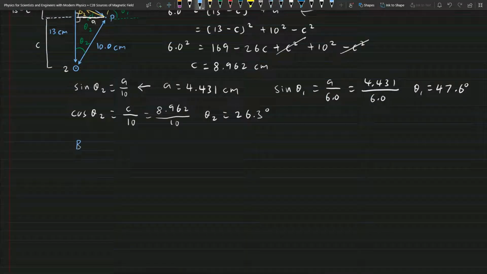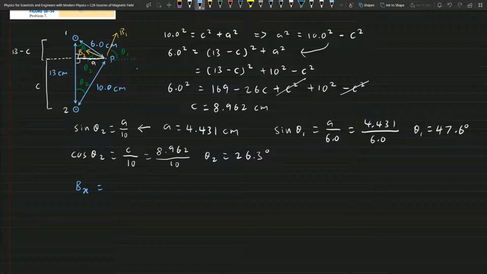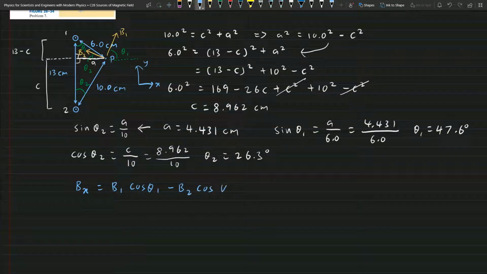So let's solve for the magnetic field in the x direction first. From the diagram here, this is the x and this is the y. So first, B1 cos theta 1 gives us the x component. And you can see this B2 here is pointing toward the negative x direction, so we put a negative B2 cos theta 2.